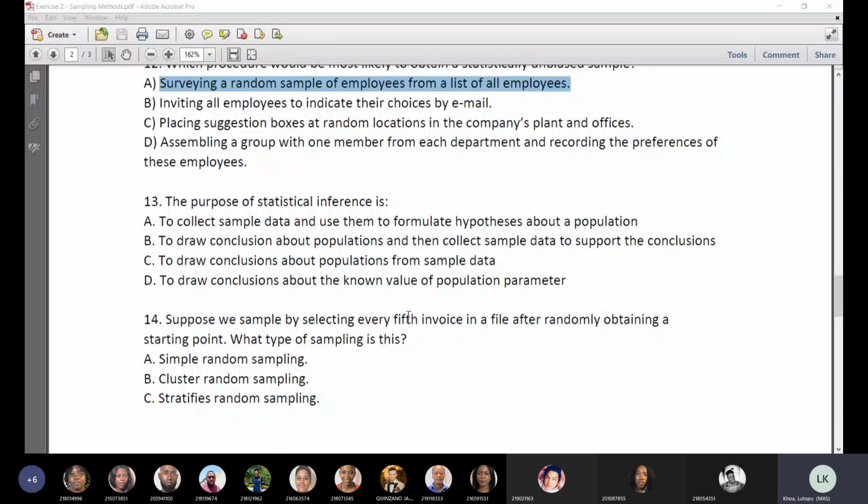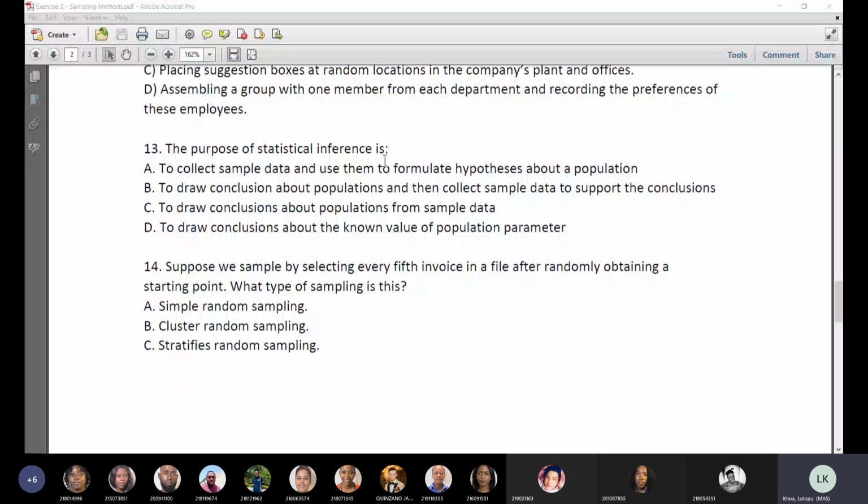Number 13, the purpose of statistical inference is it A, to collect sample data and use them to formulate hypotheses about the population? I'm liking this one because that's what we do. Let's see what else we have. B, to draw conclusions about populations and then collect sample data to support the conclusions. That doesn't seem very scientific.